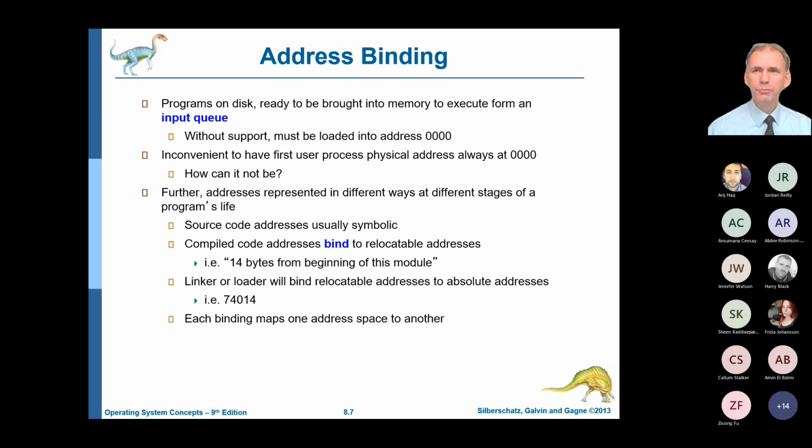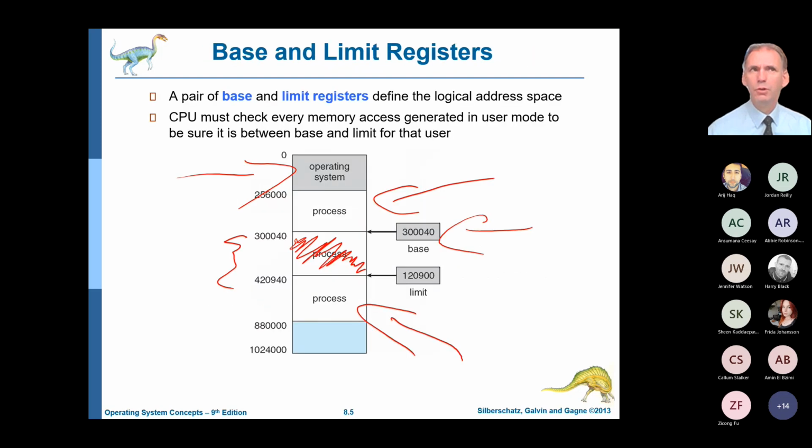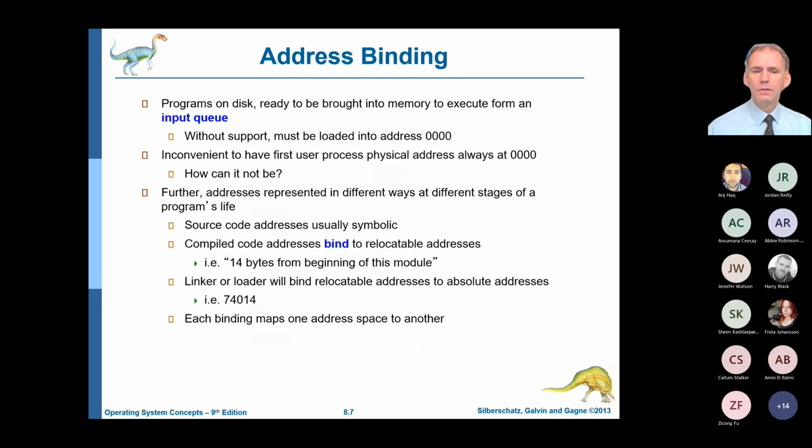But if you've got multiple processes running, you're not going to start running from 0. You're going to have to start running from wherever you have said your base is. So when you're creating your programs, you can't say go to memory location 123.